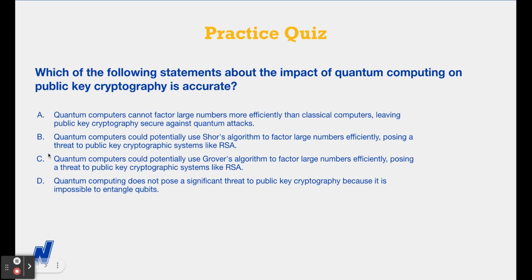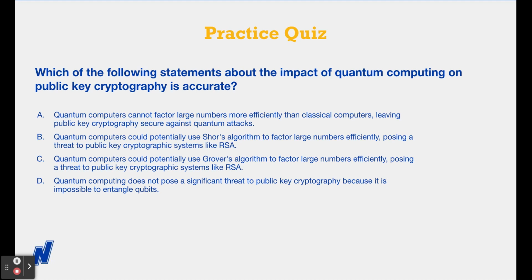Cool. So let's talk about some quiz problems here. This question tests your understanding of potential impacts of quantum computing on public key encryption. Remember that the primary security basis of systems like RSA is the difficulty of factoring large prime numbers for classical computers.